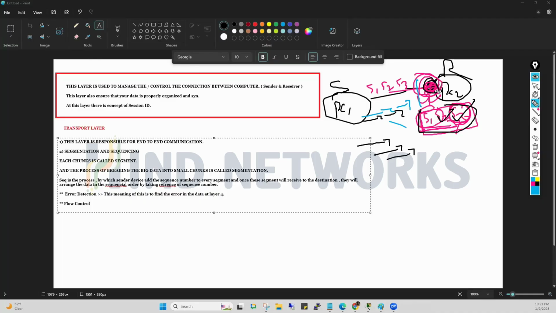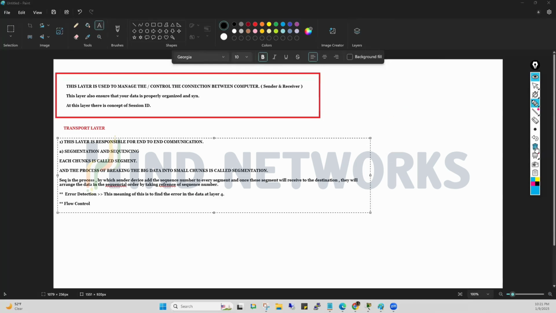That concept is called flow control. So please remember, at the transport layer, there is a concept of flow control. Clear, guys? I hope you understand very well. Everyone, yes or no? Tell me.